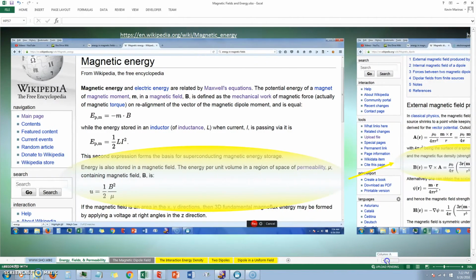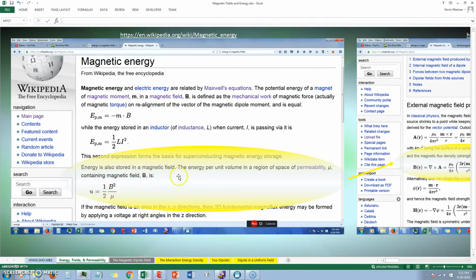Now this is based on the square of the magnitude of the magnetic field B. Now, if you take the magnitude of a vector, you can represent that as a scalar. So basically, the norm of the vector, so that's a positive scalar value. You square that value to get your magnetic field squared.